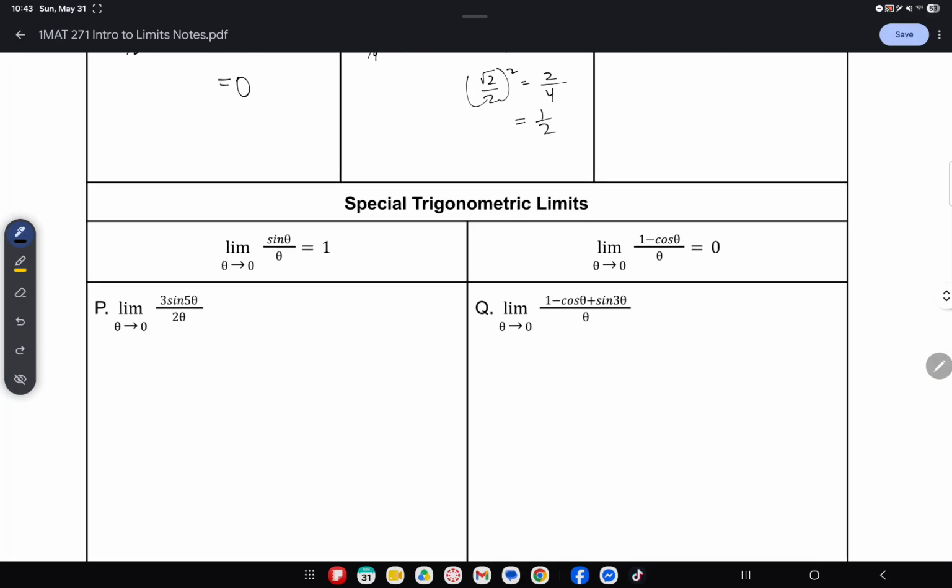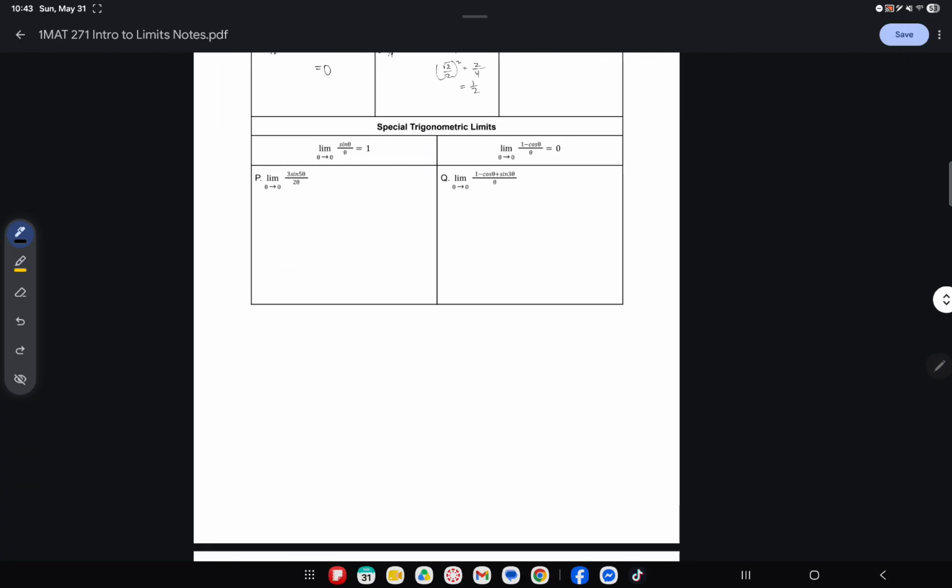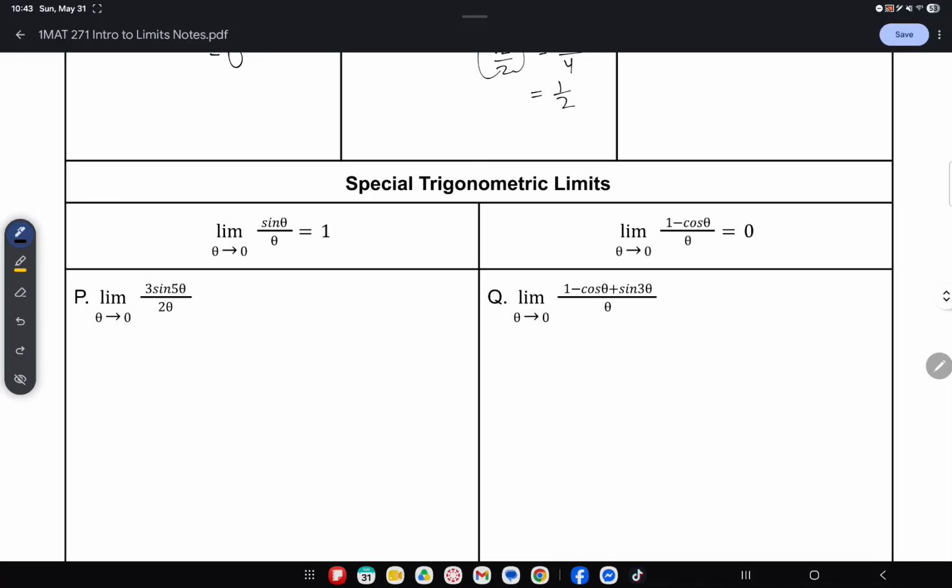All right, we do have some special trig limits that you just kind of need to memorize and work with. So the limit as theta goes to 0 for sine of theta over theta is always going to be 1. And then for cosine, the limit as theta goes to 0 for 1 minus cosine of theta over theta is 0.